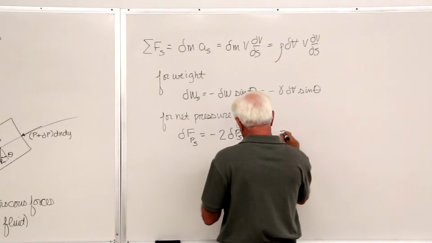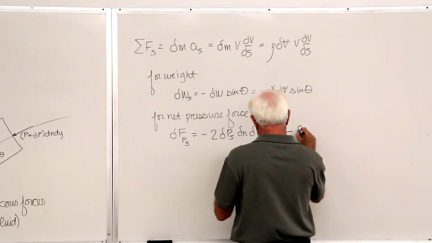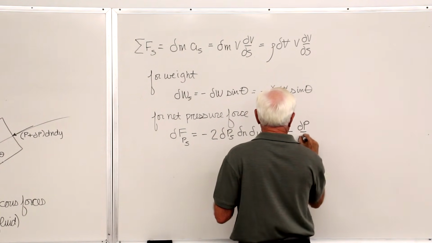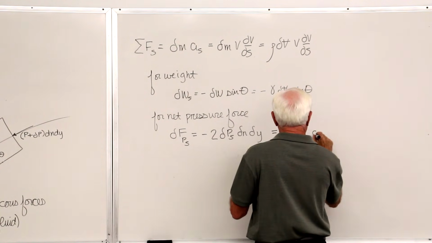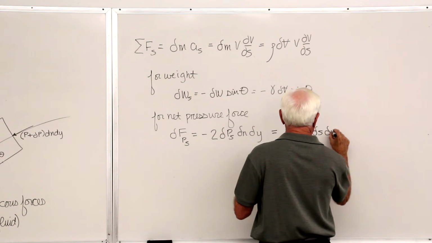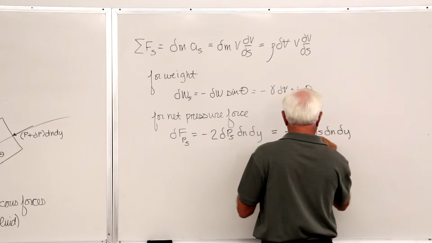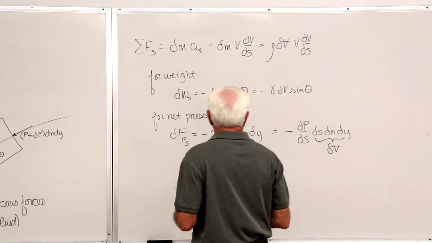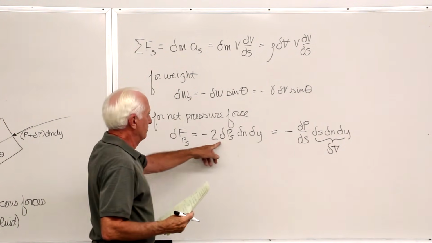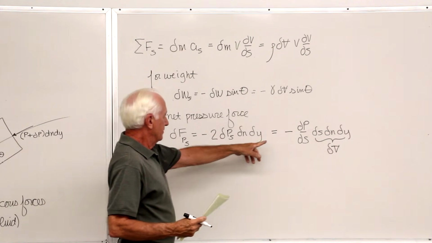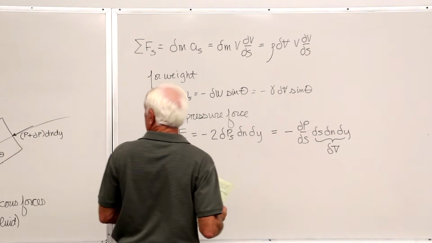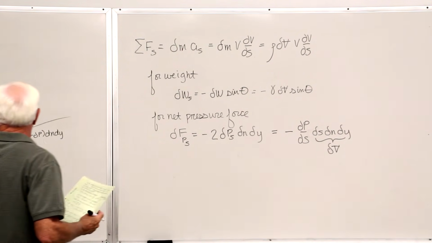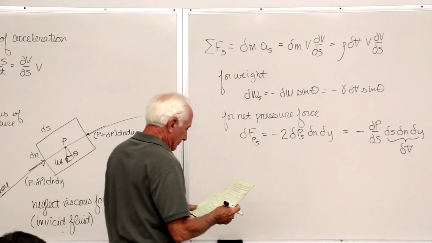So this then becomes, replacing the 2 delta p with this one right here, that gives us that.